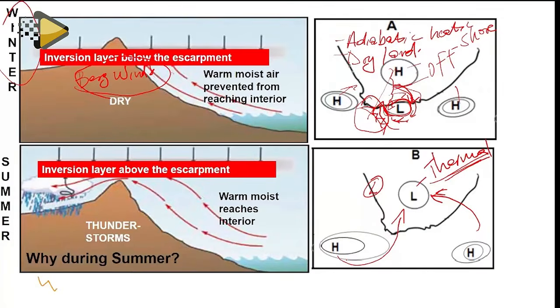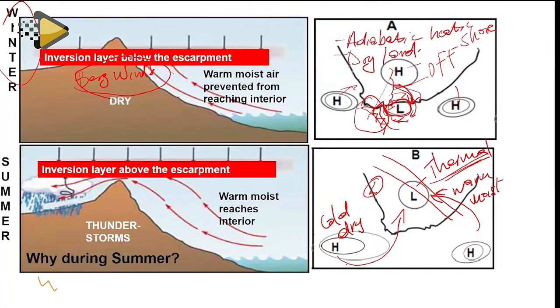So what will happen here now? The air here is warm and moist. This air here is cold and dry. They will move towards the interior, because the high pressure cells have moved further south, allowing these two air masses to move further into the land.